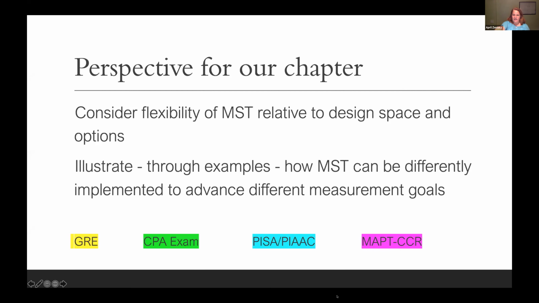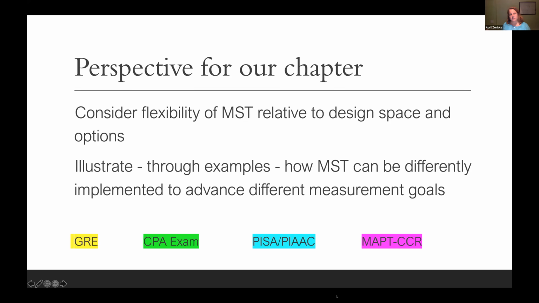So, you know, I've highlighted a couple of different tests down here, and there's the GRE that Tim and his colleagues work on. That's in the admissions context. And then you have the CPA exam, which of course is in certification licensure, PISA and PIAAC, which are, I would say, assessment kind of in an evaluation space.